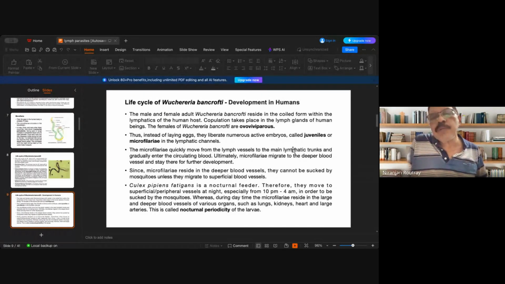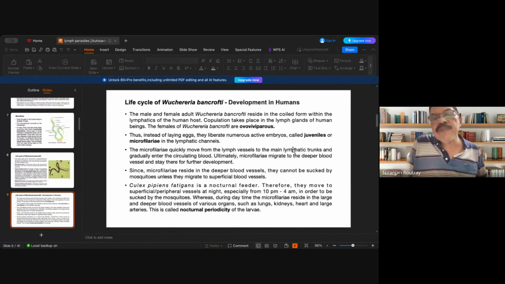Since microfilaria reside in the deeper blood vessels, they cannot be sucked by the mosquito. So they have to come to the superficial layer of the skin, so that the mosquito, by its habit and behavior, will suck the blood from the host body, and along with the blood, the microfilaria will enter.